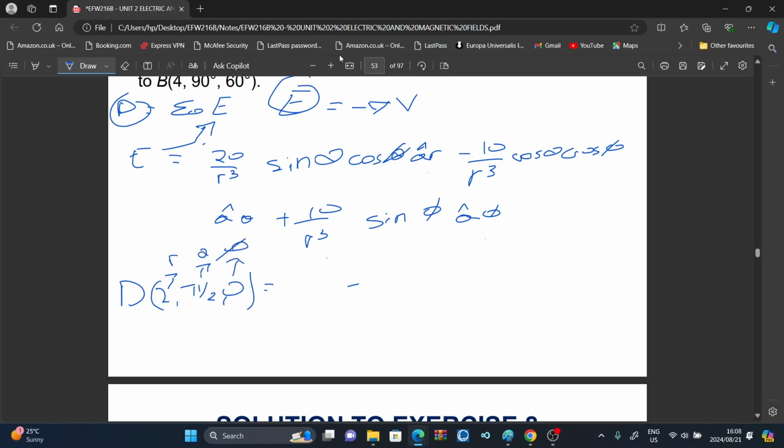So you substitute these values in this equation here and you multiply it by epsilon naught E. And then you substitute these values at 2, pi over 2 and 0.